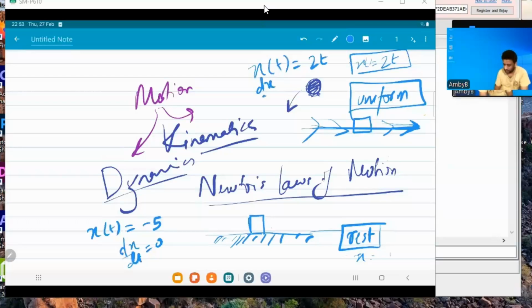Here dx by dt is equal to 2. So velocity is 2 here and velocity is 0 here. So this is one way to say it in one statement: when there is no force, the velocity of the particle is constant, which is the same as velocity being uniform.